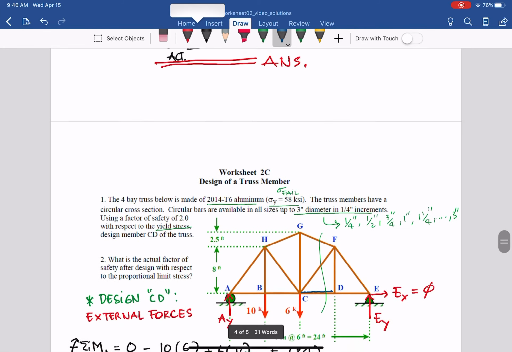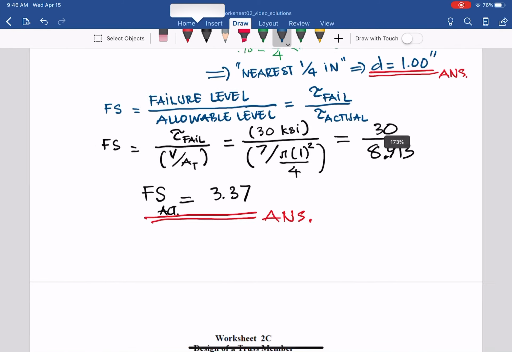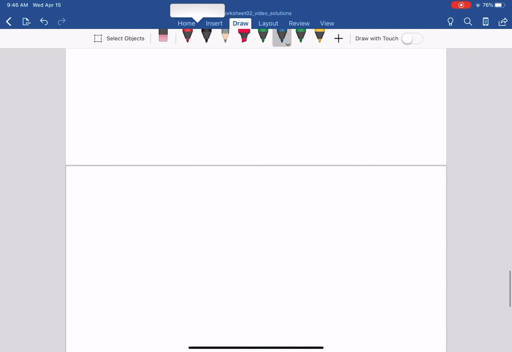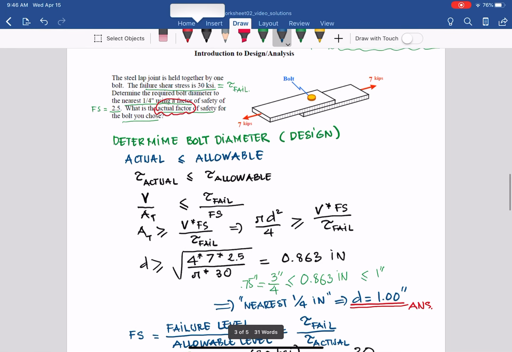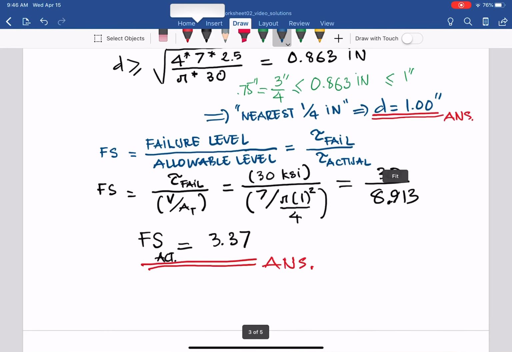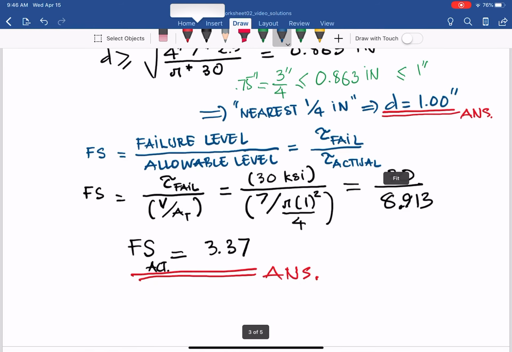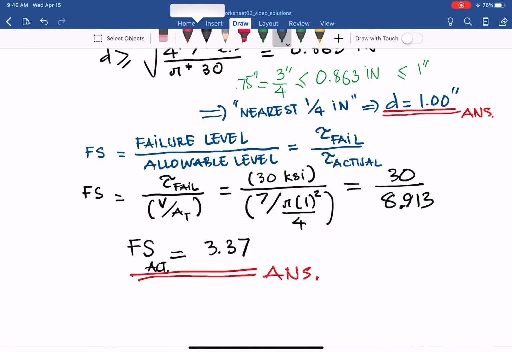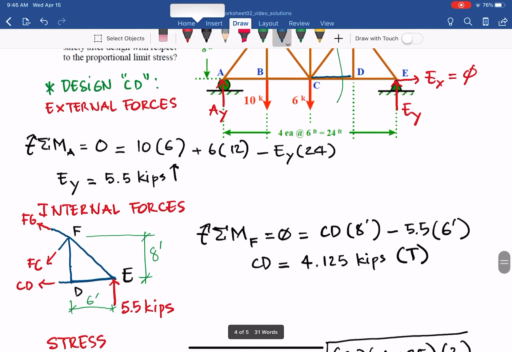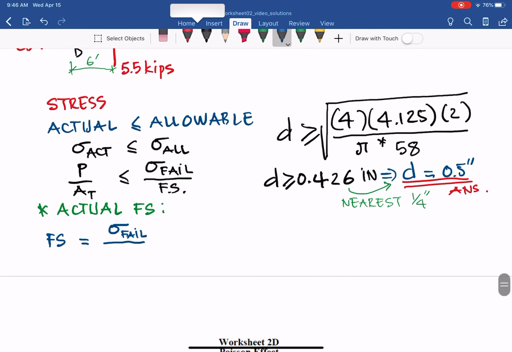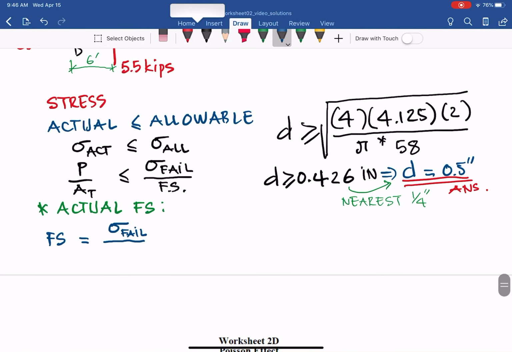But I already explained, if you find the actual factor of safety, like in problem 2b, the allowable now becomes an actual, so it's sigma fail over sigma actual. In 2b it was tau actual, but instead of tau, now we put sigma actual, because this is the actual factor of safety.